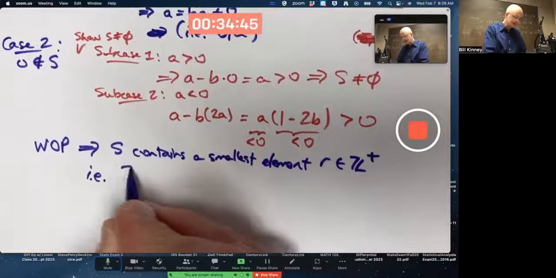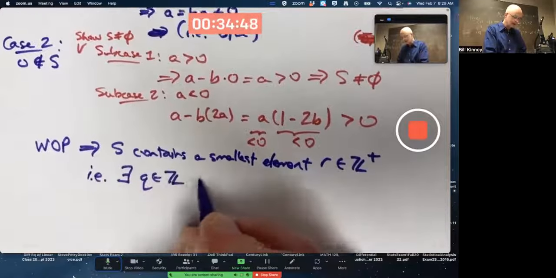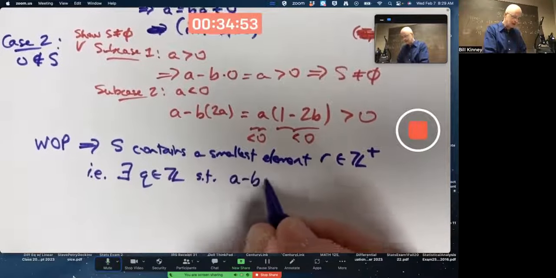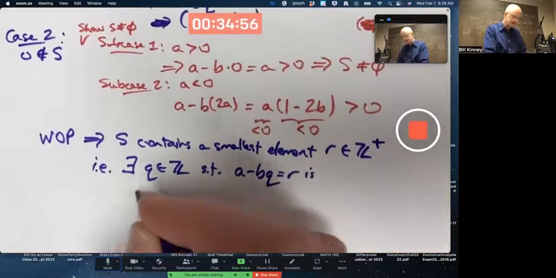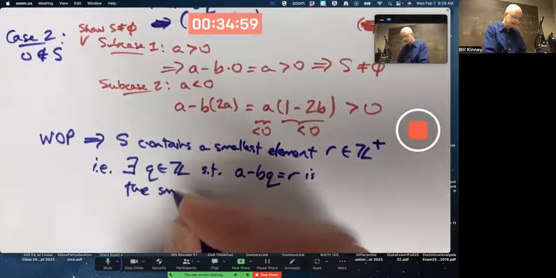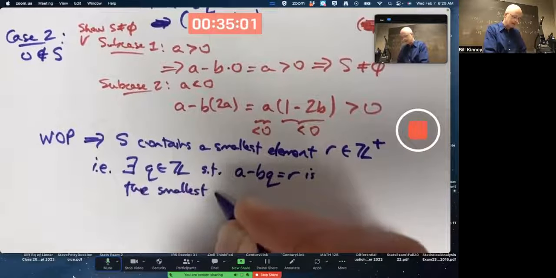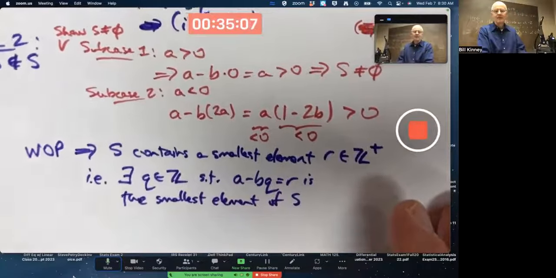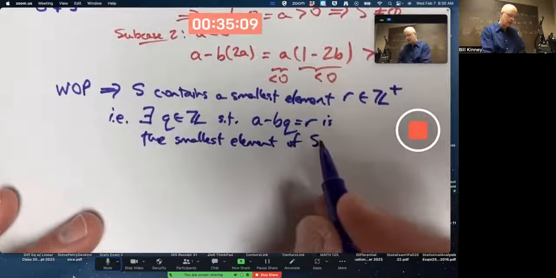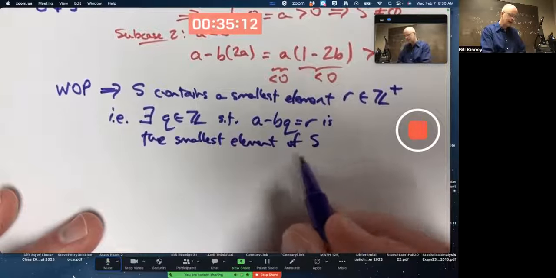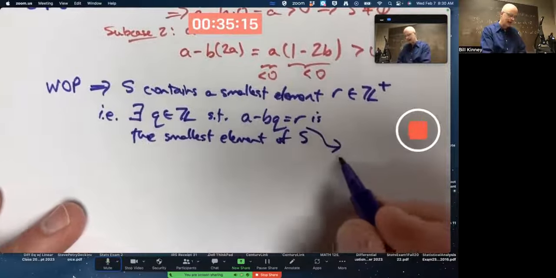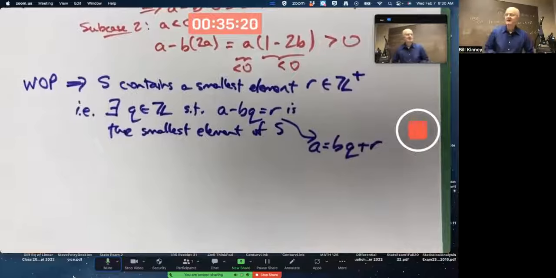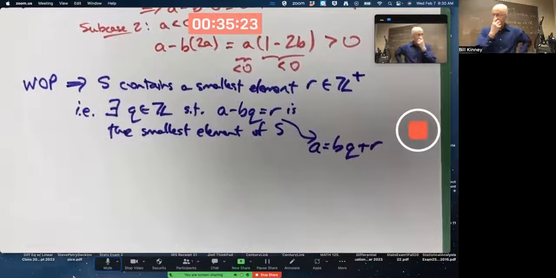That is, there exists an integer Q such that A minus BQ equals R is the smallest element of S. A minus BQ equaling R does imply that A equals BQ plus R. So it's satisfying the equation of the division algorithm.